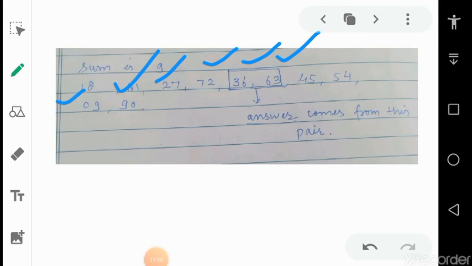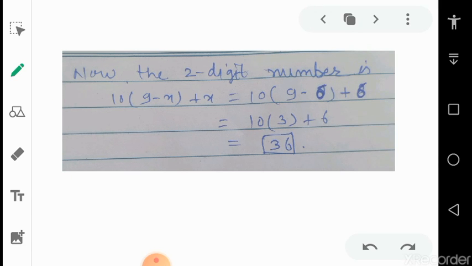Now to cross check it, again here we have to cross check, because maybe our answer is wrong. So just see the number 36. As you can see, the sum of 3 and 6 is 9.